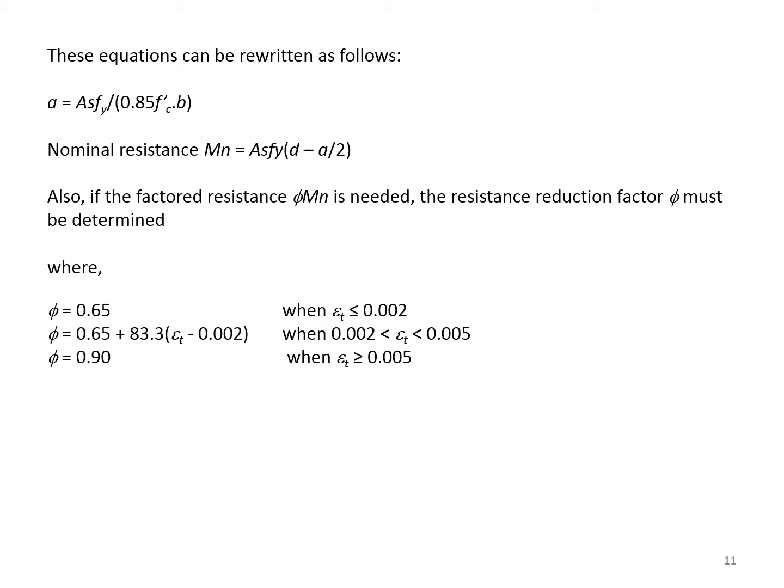The smallest possible value for phi is equal to 0.65, and that is when epsilon t is smaller or equal to 0.002. The largest possible value for phi is 0.9, and that is when epsilon t is larger or equal to 0.005. For the values in between the two limits, the middle equation is used.